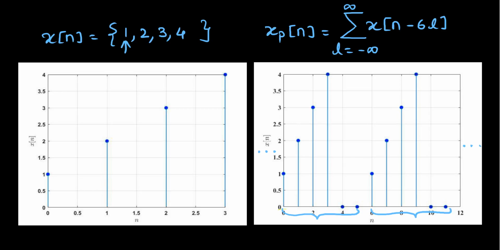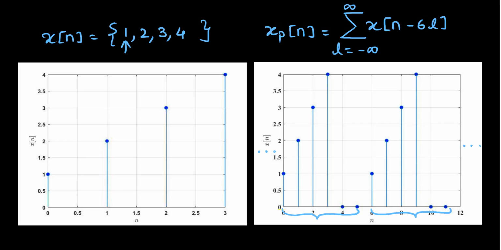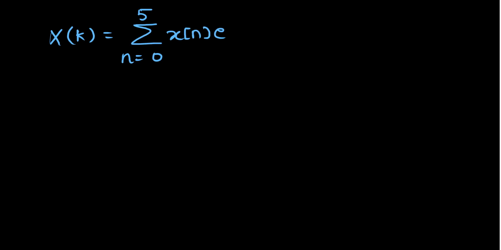So now let us try finding out the DFT for this signal. This can be done by using the formula x of k is equal to summation n running from 0 to n minus 1. Now we know that the value of n is 6, so it would be 0 to 5 x of n into e to the power minus j 2 pi kn by 6.